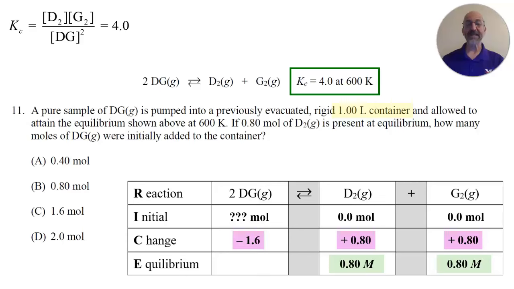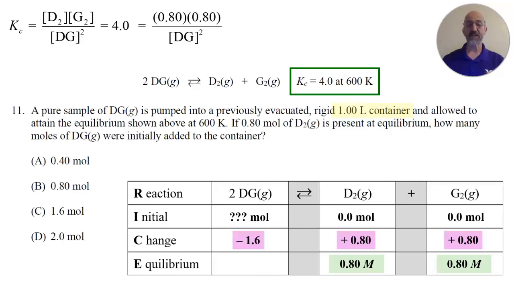Now, when I fill in everything that I know at this point for equilibrium, that would be 0.80 times 0.80, again, the concentrations of the products at equilibrium, divided by the concentration of Dg squared, and I don't know that value at the moment, but that is equal to 4.0, the value of Kc that we were given in this question.